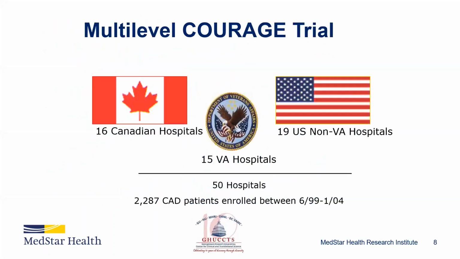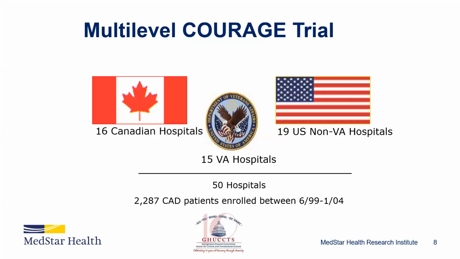So let me illustrate that again with an example from the COURAGE trial that was from several years ago, 15, 20 years ago. In the COURAGE study, we're looking at a composite outcome of death or non-fatal MI or non-fatal stroke, I believe.